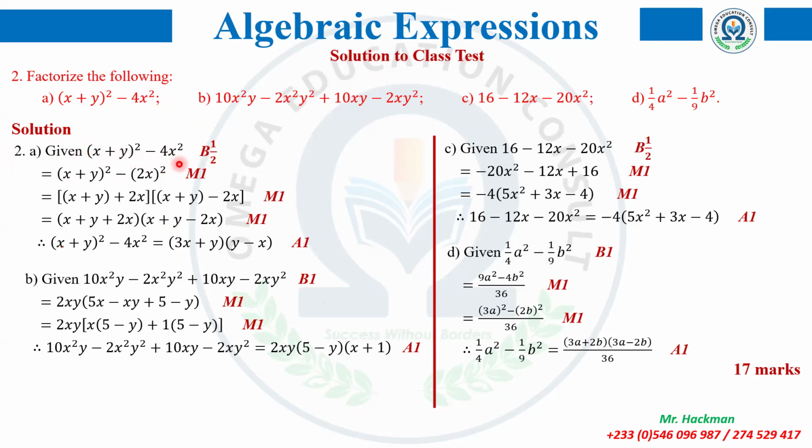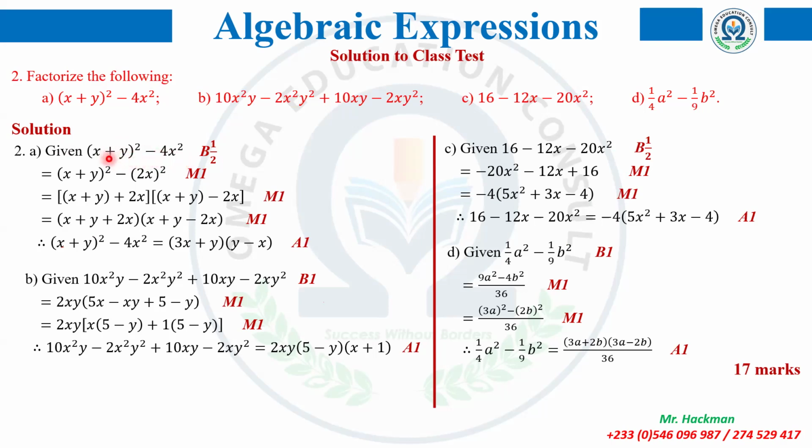So anytime you are asked to factorize and you see two terms, with your first term a quantity squared and your second term also a quantity squared, and you see the subtraction sign between them, then it means we are dealing with difference of two squares.